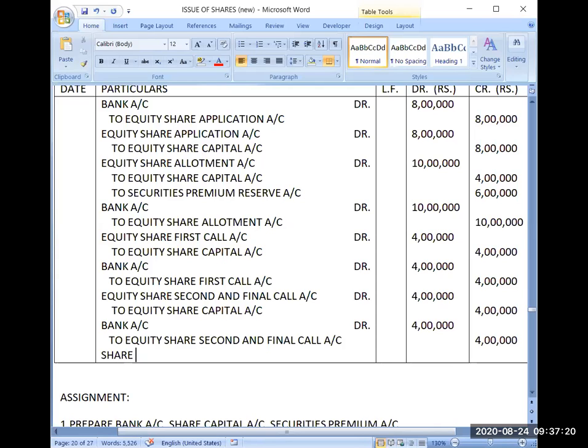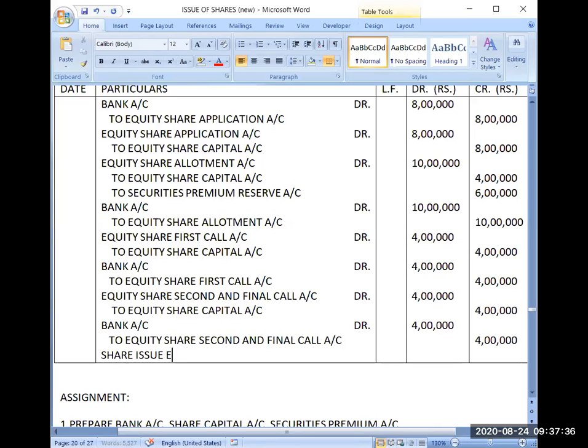So in that manner, my bank balance should be 26 lakh, my capital should be 20 lakh. That is the difference. Premium will never affect the amount of capital. Capital will remain always as per the face value.